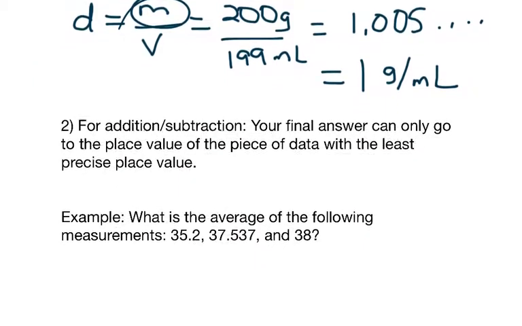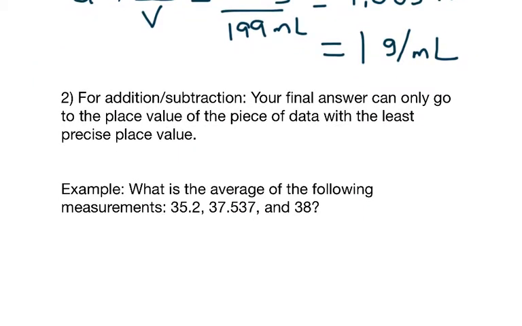And then lastly, addition and subtraction, which probably comes up most often in terms of averaging. Similar situation, but instead of counting sig digs, you're looking for decimal place values. So your final answer can only go to the place value of the piece of data with the least precise place value.